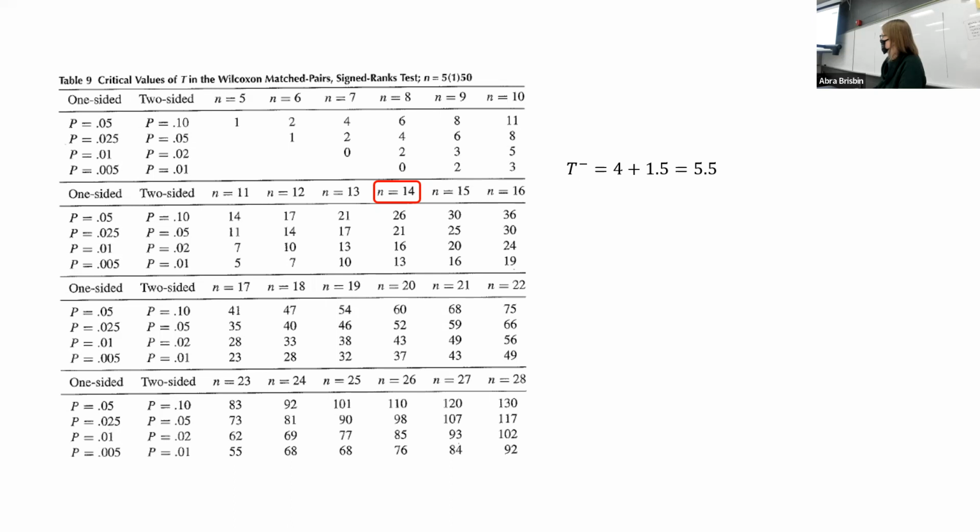We had a sample size of 14. And we look down to see where 5.5 falls in this table. So we see that it's less than the smallest value in this table of 13. And for a one-sided hypothesis test, 13 would correspond to a p-value of 0.005. So here we can say that our p-value is less than 0.005.